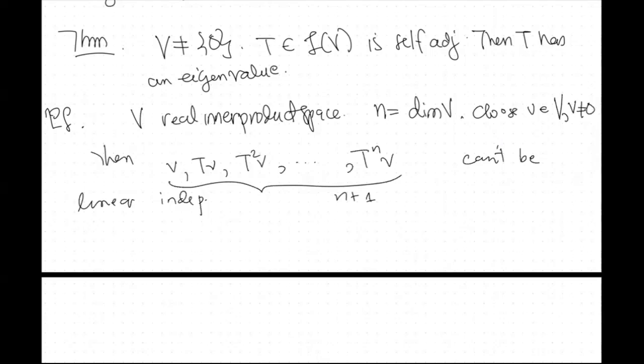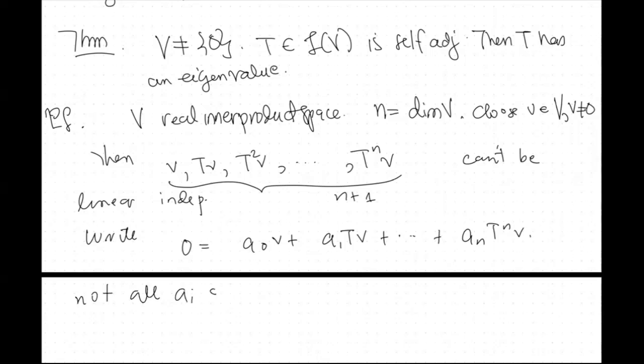So we can write 0 as a linear combination of these, with coefficients not all 0.